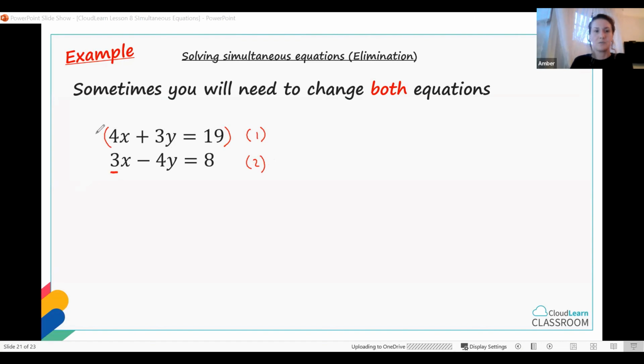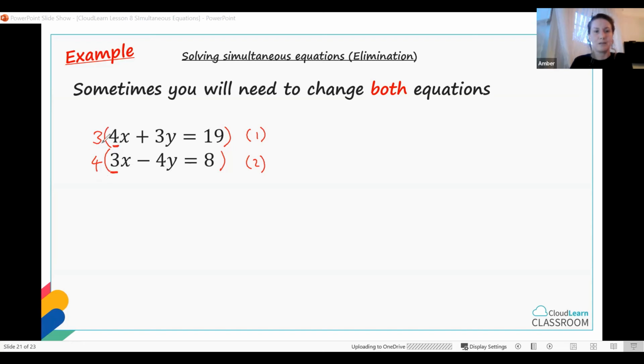So I'm going to times all of this one by 3. And then to take the second one and times it by the first variable of this one. So I'll times all of this one by 4. So I'm literally just going to take those numbers and swap them over and multiply. And that will give me the same number here. And that will always work.